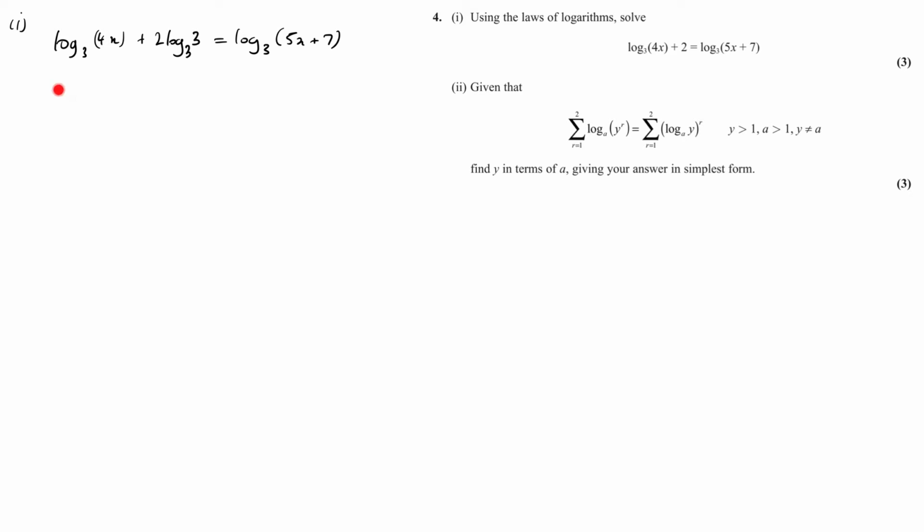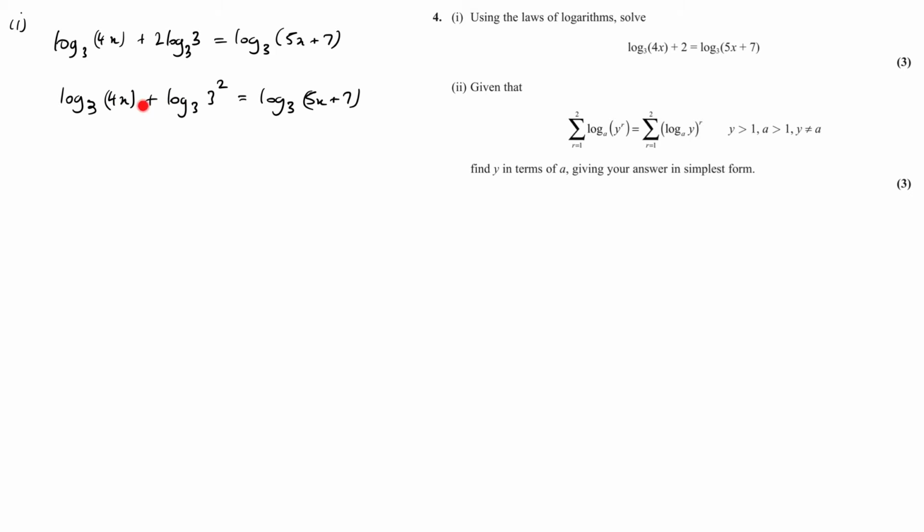And then what I can do is go log 3 of 4x plus log 3 of 3 squared equals log 3 of 5x plus 7.